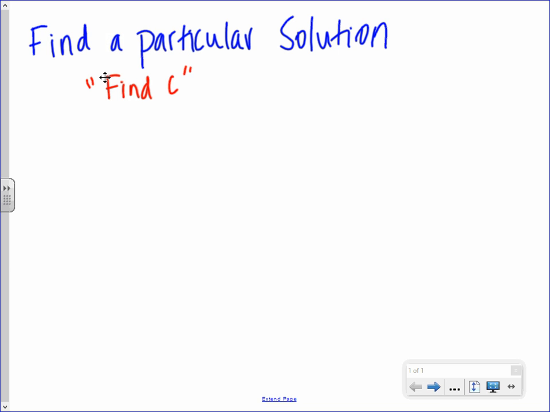Now, if we have some information about our original function, we can actually find what that C value is. But only if we have information about our original function. What do I mean by that?